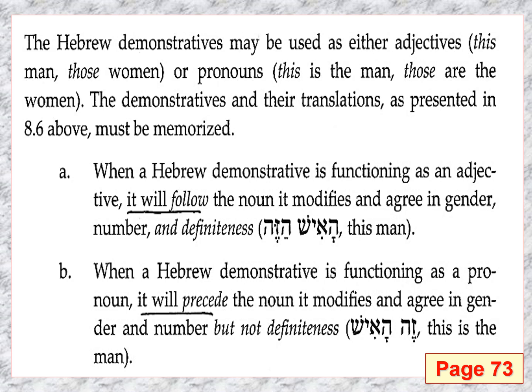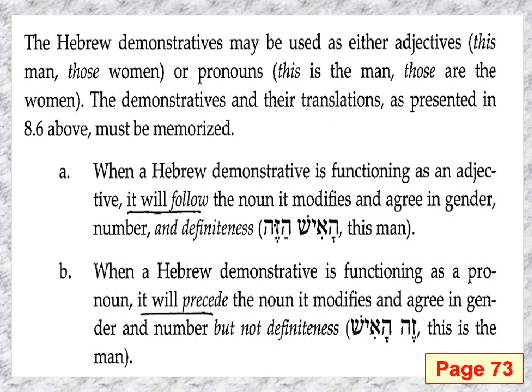When a demonstrative functions like an adjective, it will follow the same rules as an attributive adjective. Hopefully that's helpful to you. So ha'ish hazeh, this man. It's specifying in terms of it functioning adjectively.